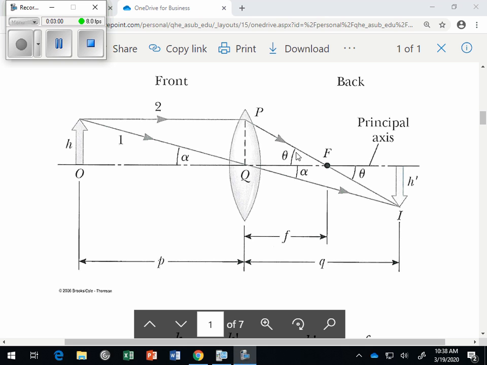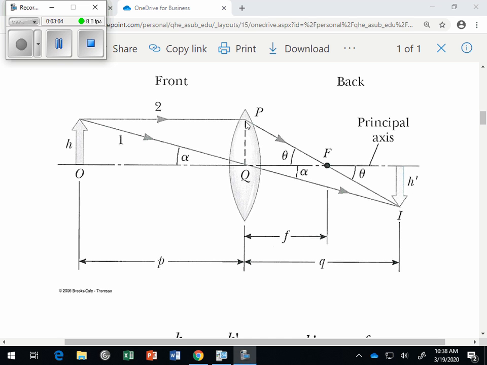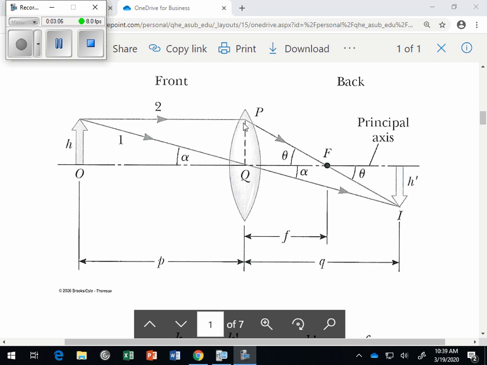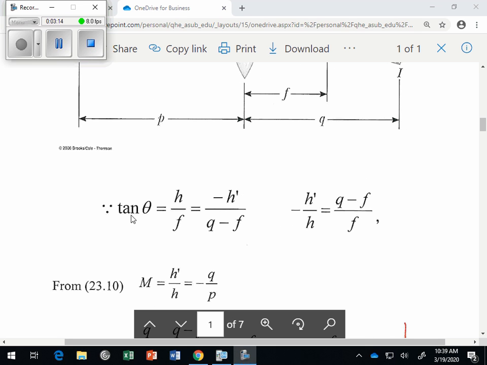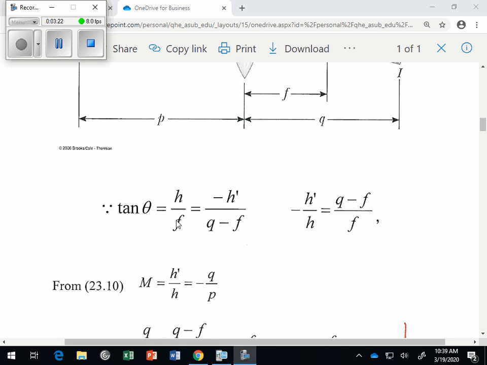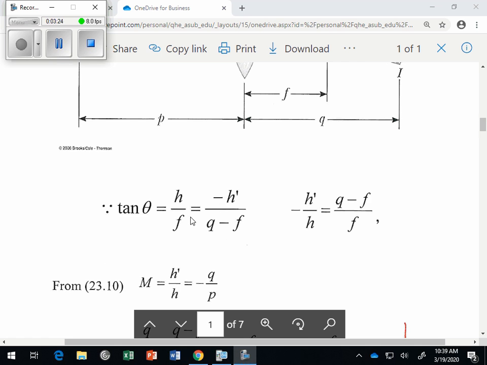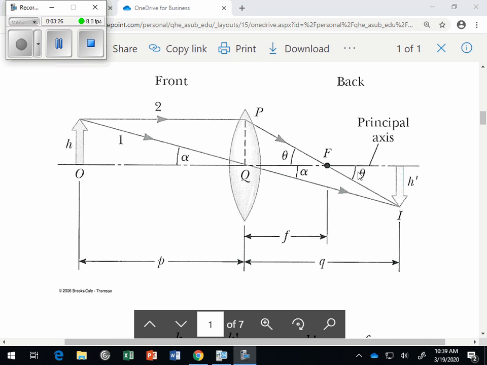The tangent of theta equals this height, which is h, over this distance, which is f. So tangent of theta equals h over f, the height of the object over the focal length. Now we look at this side. This angle of course equals that angle, so it is also theta.